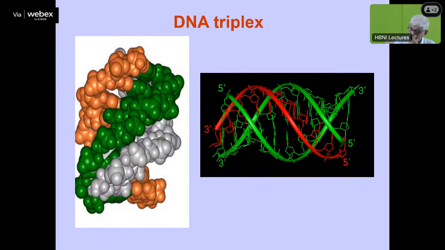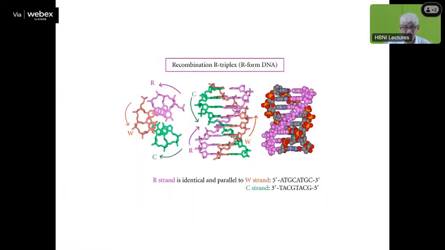So this is how DNA triplexes can be formed. DNA quadruplexes are formed, then all kinds of junctions and branching and all sorts of structures are possible in the DNA structure overall. And that is how the DNA gets packed inside the cell, which is so small in size.